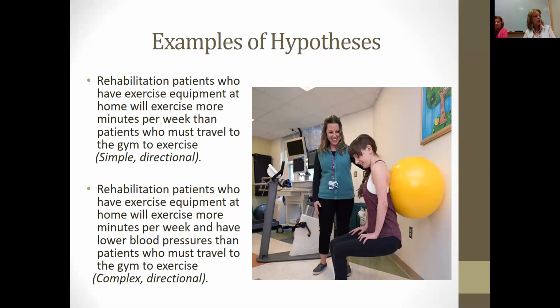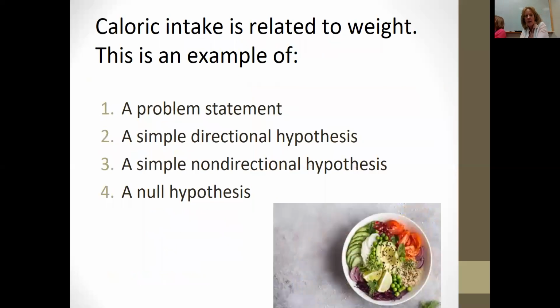That's non-directional. And sometimes you want things to not be different. So if you're looking at safety and you say, well, we'll do this, but it's not going to be any more dangerous than what we're doing. This is another example.